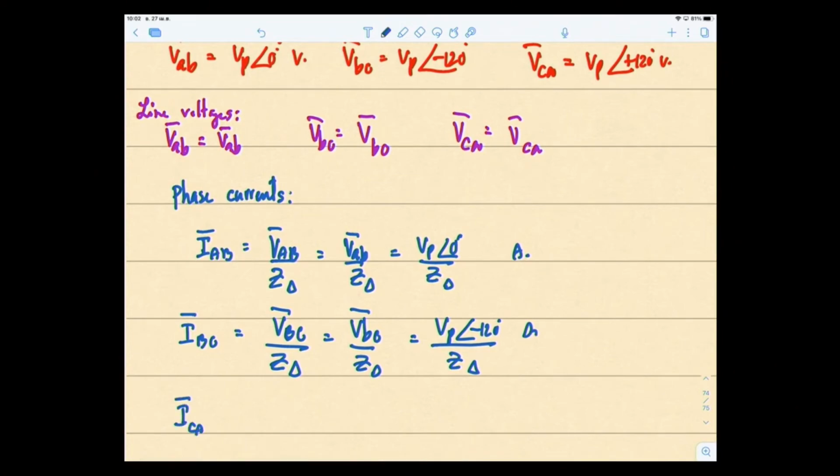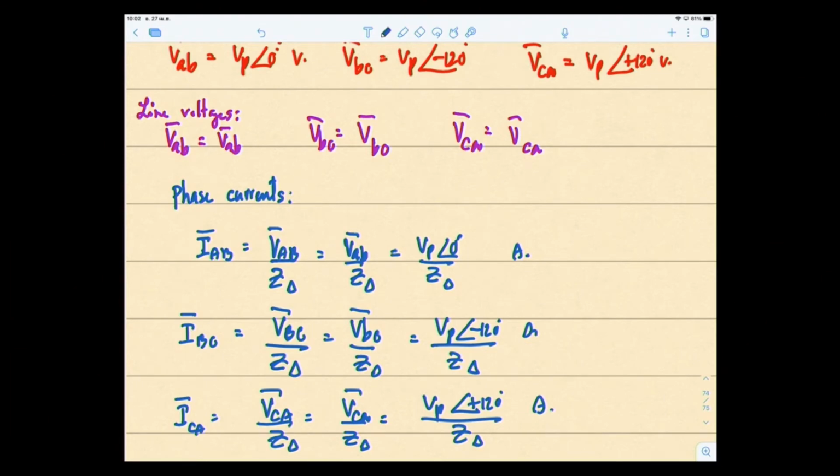And ICA is VCA over Z delta, equal to V phase angle plus 120 degrees over Z delta amps. So that's for the phase current.